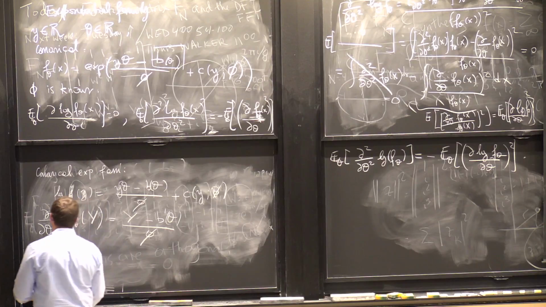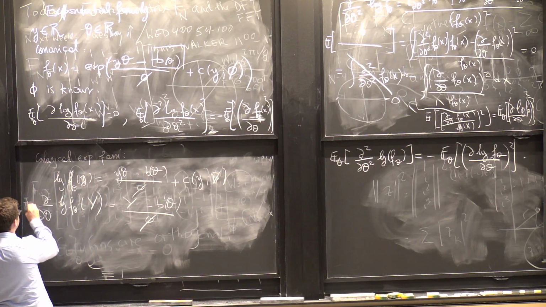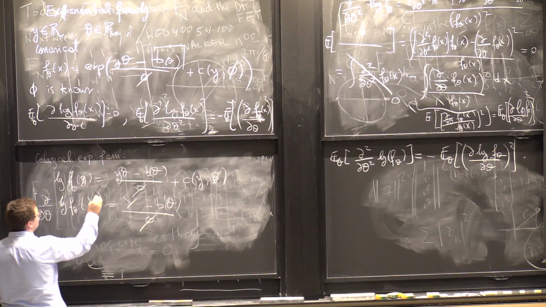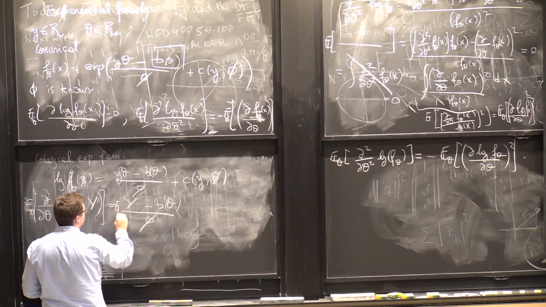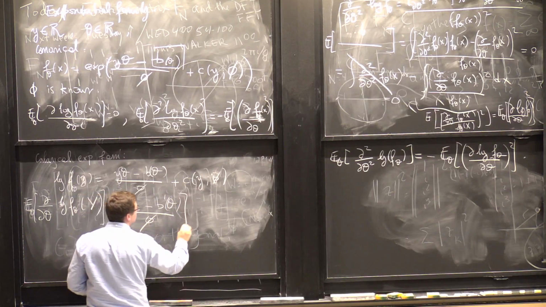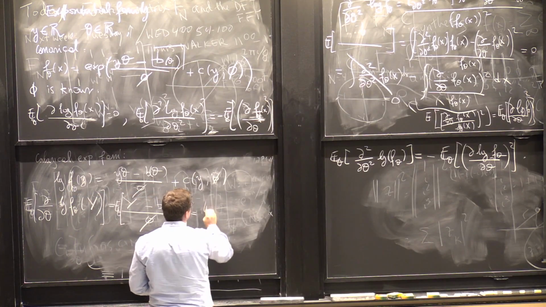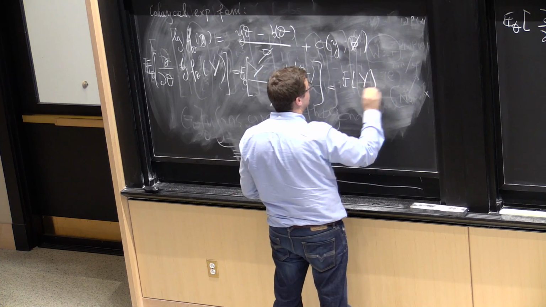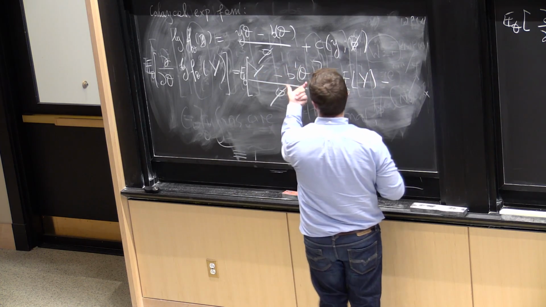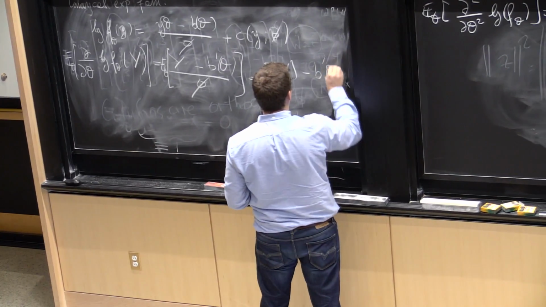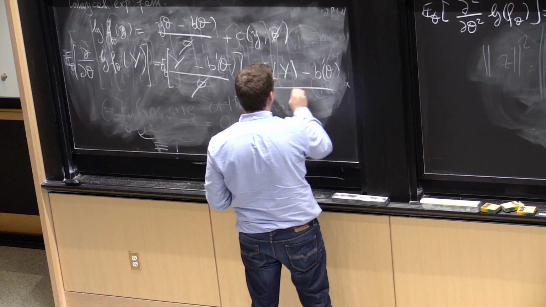So if I start taking the expectation of this guy, I get the expectation of this guy, which is the expectation of y minus, well, this does not depend on y, so it's just itself, b prime of theta, and the whole thing is divided by phi.